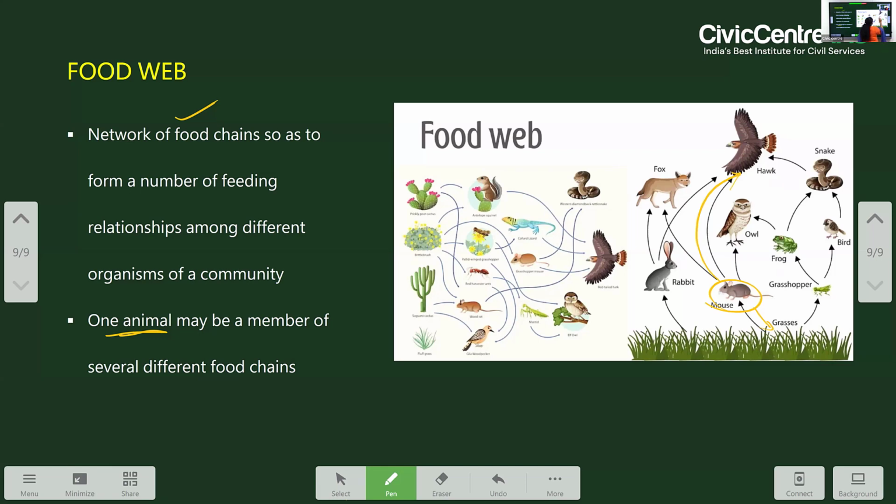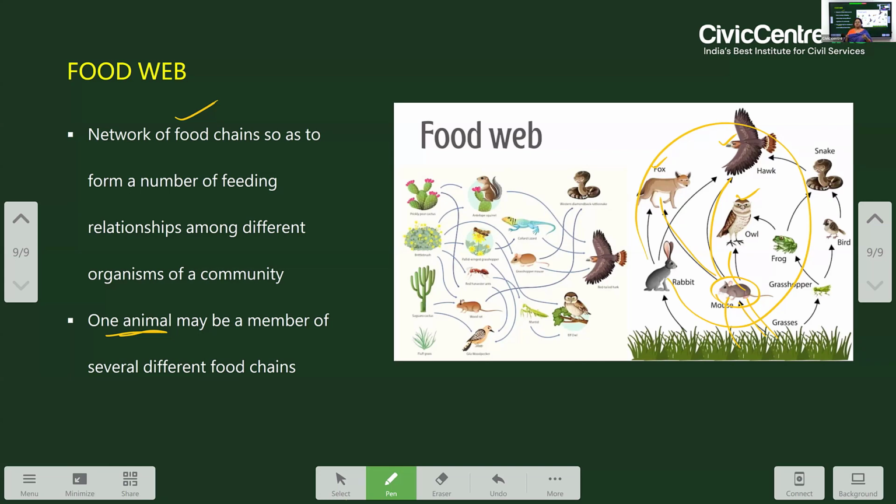This mouse is a part of the food chain of grass and the hawk, grass and the owl, grass and the fox. So it has different feeding relationships with different organisms in a community, and this forms a food web.